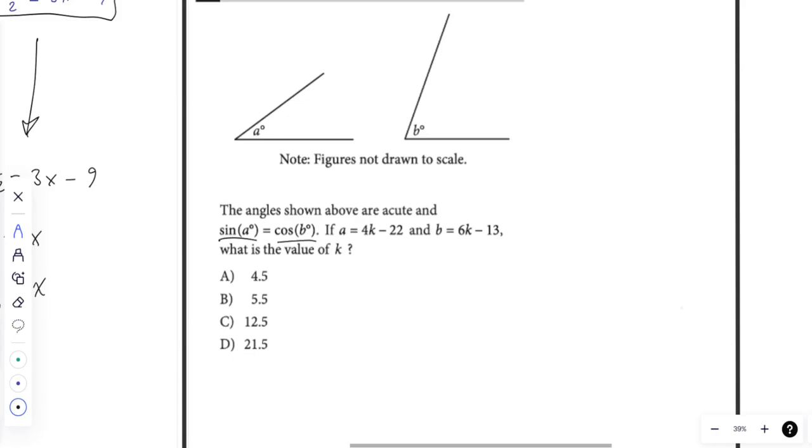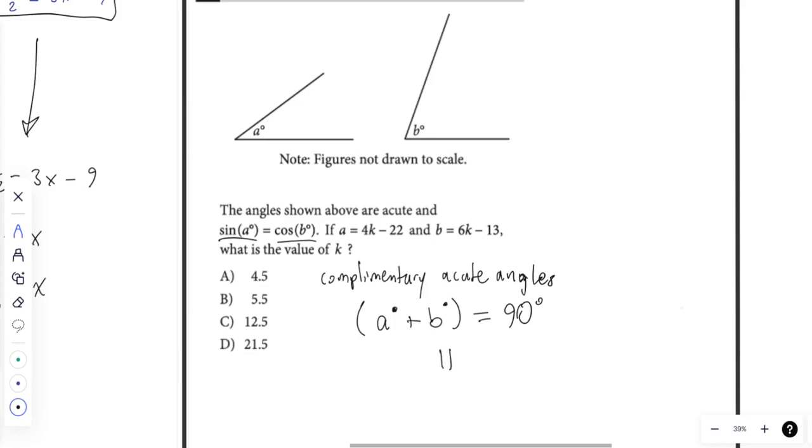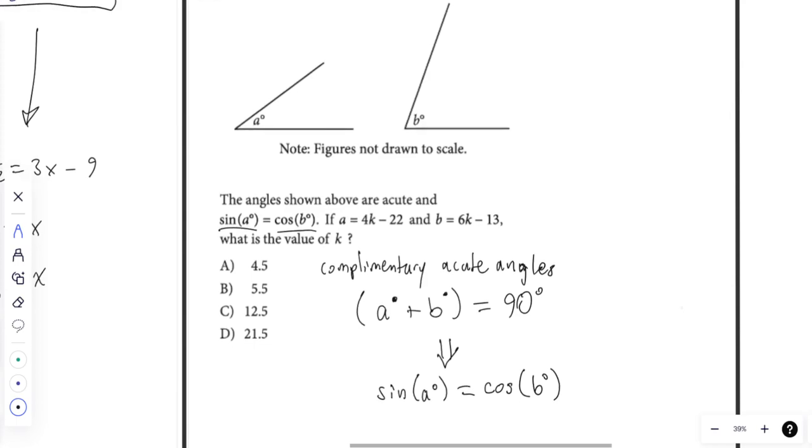What they're doing is really exploiting the fact that with complementary acute angles, so something like if you have A plus B is equal to 90 degrees, then the sine of one angle is equal to the cosine of the other angle. Very tricky little thing that they put on some SAT questions.